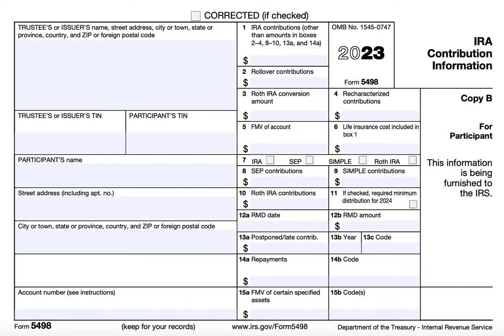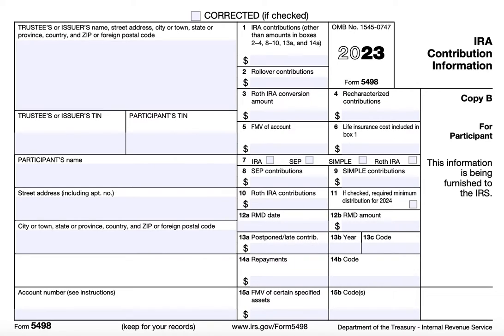So if you made a postponed contribution due to an extension of your due date because of a federally designated disaster, then you would see a code FD. There are certain codes for active duty service members serving in a combat zone.